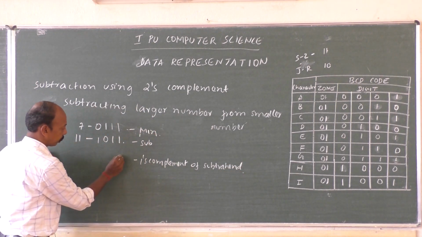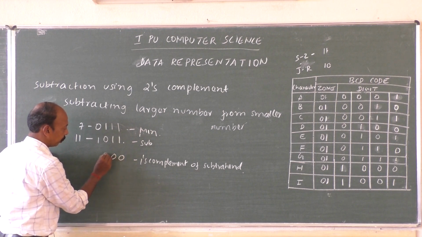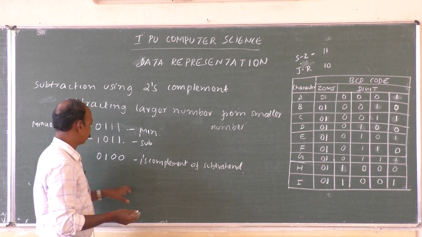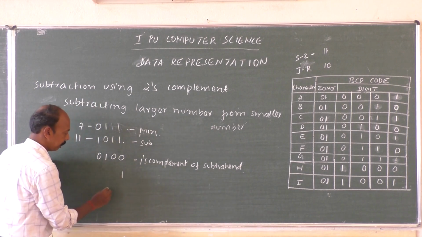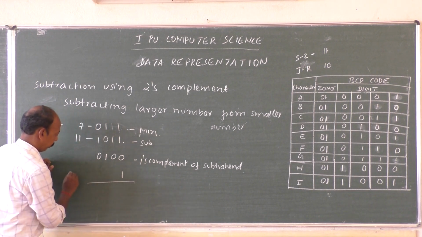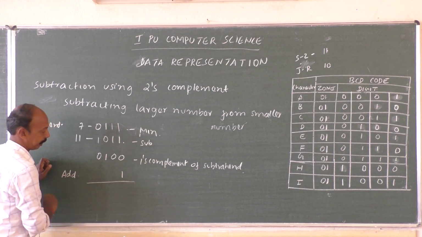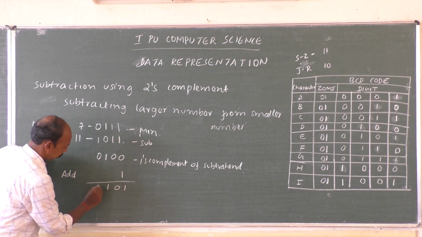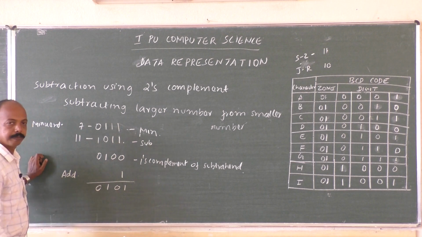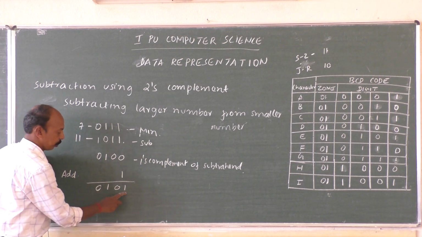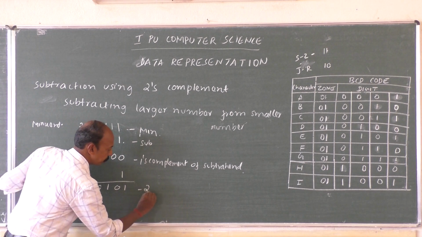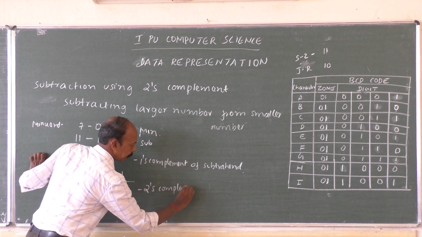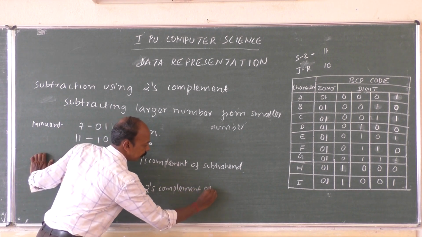Subtrahend is this one, so it will be 0 1 0 0. Now we have to take 2's complement. So first step is adding 1 to the LSB. So we shall write add 1. So 0 1 0 1 is the 2's complement of the subtrahend.